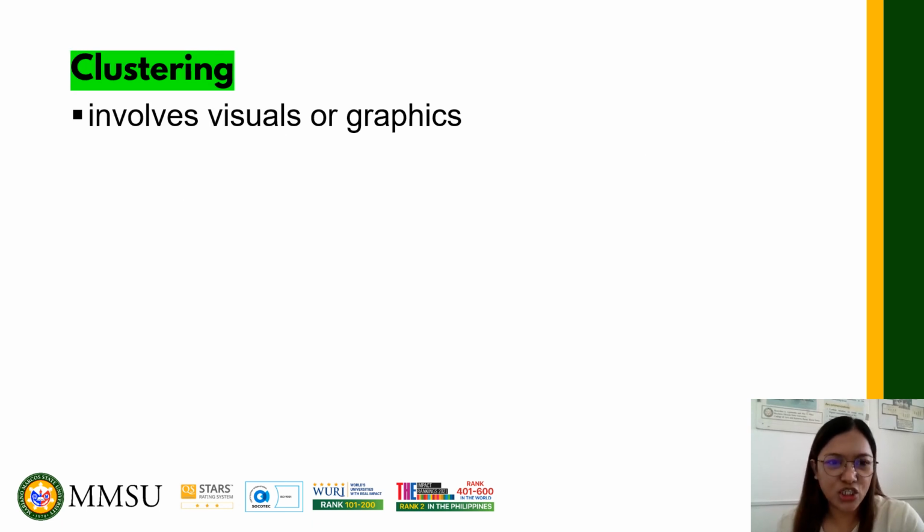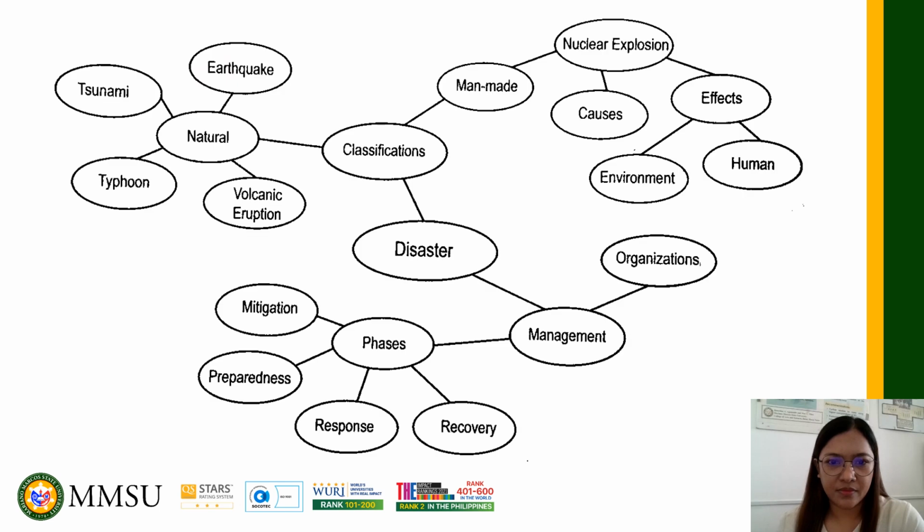The third idea-generating technique is clustering, which involves visuals or graphics. It could be in the form of a semantic web or concept map. Here is an example of a concept map or semantic web, which is under clustering. It starts with the general topic. At the center, we have disaster.